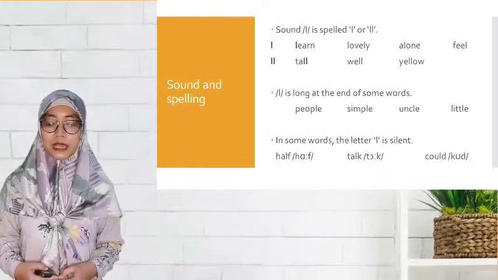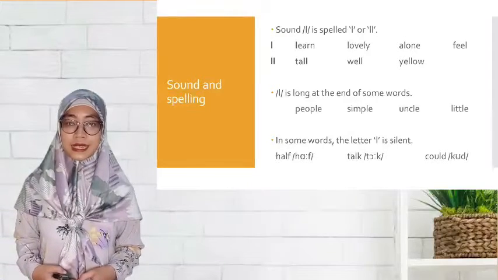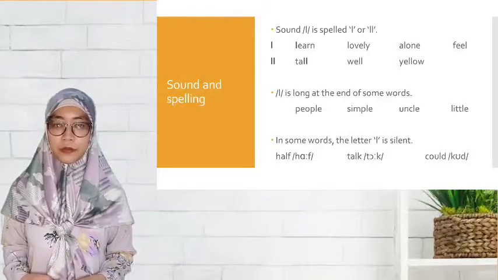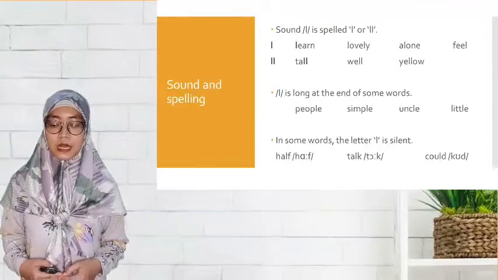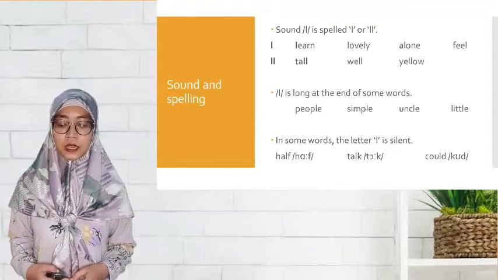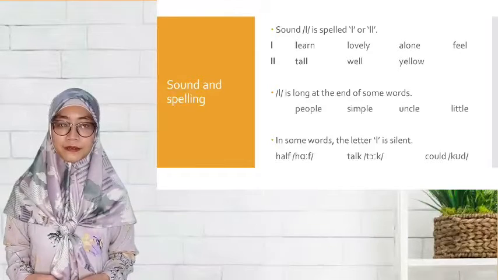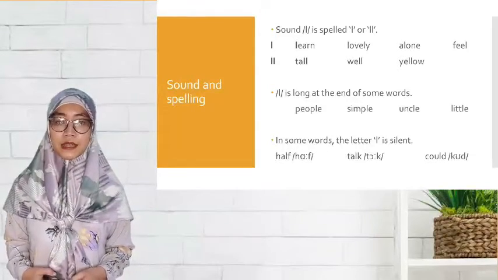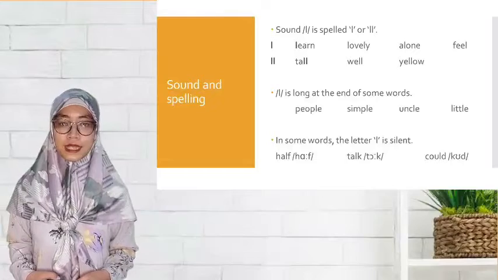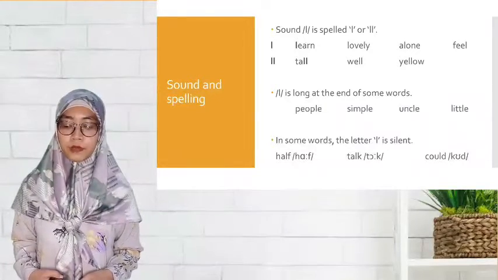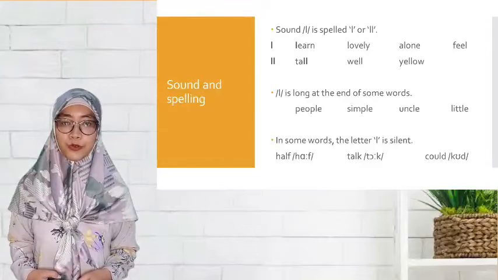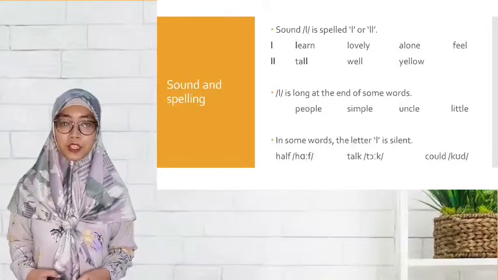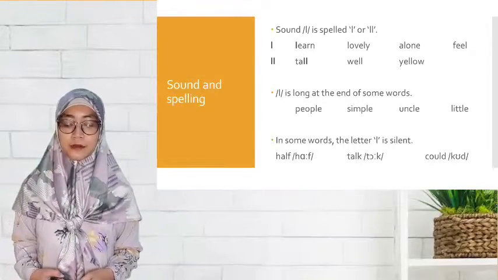The l sound is spelled with a single L or double L. For example, in the words learn, lovely, alone, and feel, the l sound is spelled using a single L. But in the words tall, well, and yellow, the l sound is spelled using double L letters.